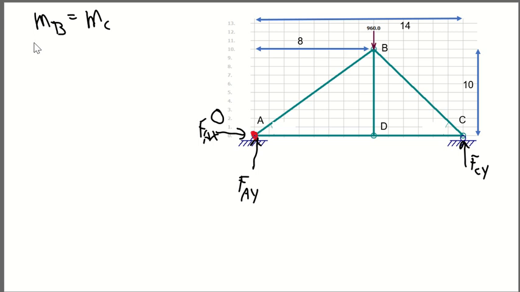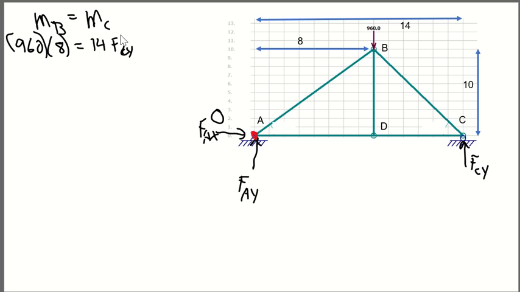I replace my moments with force and distance. So I have 960 times my distance. Okay, I'm going from here to my pin. Perpendicular distance is going to be 8. And over here my distance is the whole thing, so I got 14 FCY.